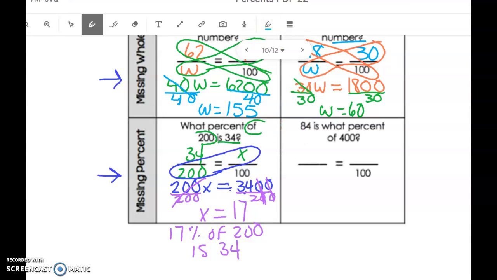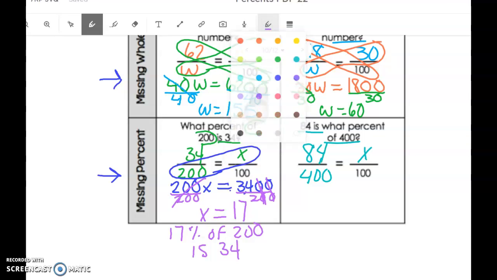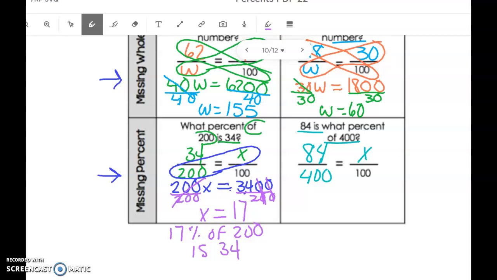And last but not least, one more here. 84 is what percent of 400? So that tells me the whole number. We're looking for the percent. And 84 is, so 84 is the part. All right, so let's get multiplying here. 400 times X gives me 400X.